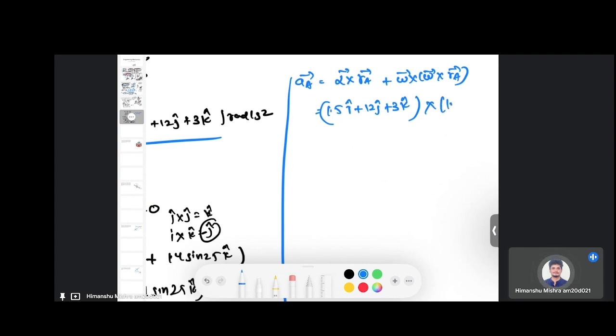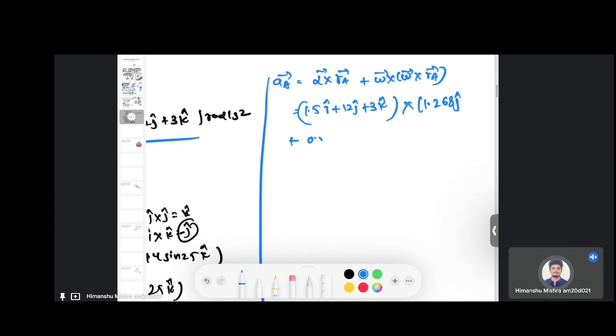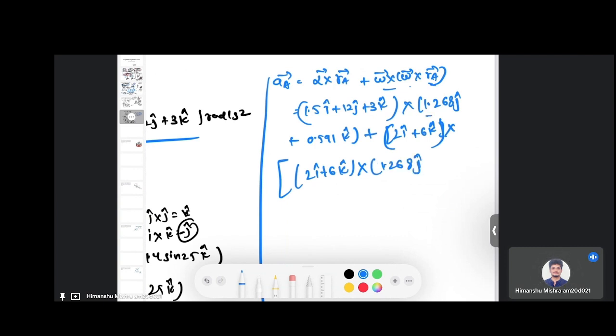which is 1.268j plus 0.59k, plus omega cross omega cross RA. So omega was 2i plus 6k, cross product with 2i plus 6k cross product with RA, which is 1.268j plus 0.591k.